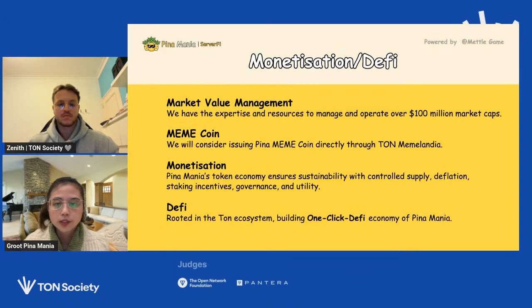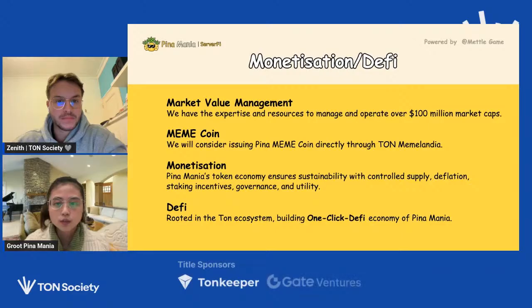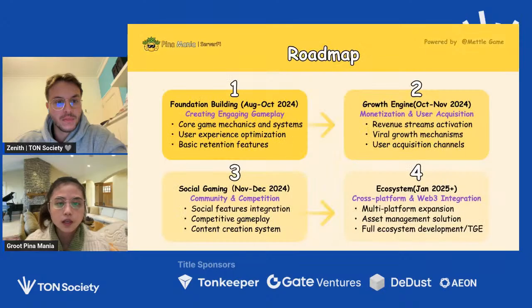As for DeFi, we have the expertise and the resources to manage and operate projects with a market cap exceeding 100 million, and we plan to issue the Pina Mimi coin directly through the Ton Mimilandia. Rooted in the Ton ecosystem, we are building a one-link DeFi economy for Pina Mania. As for our roadmap, Pina Mania, I'm sorry.